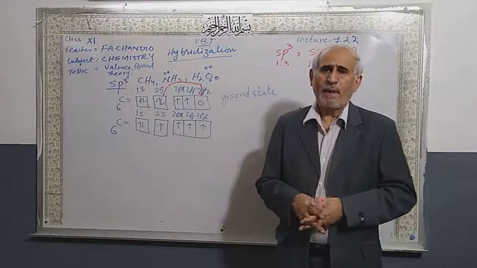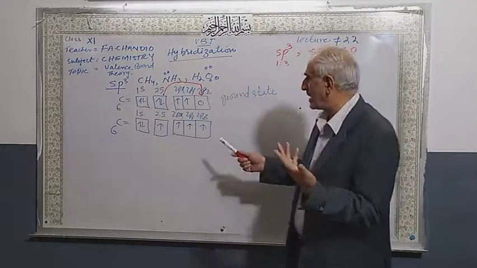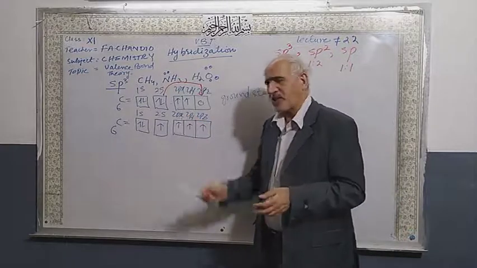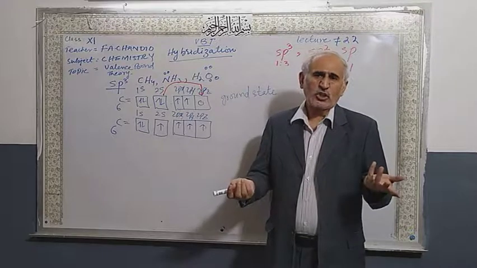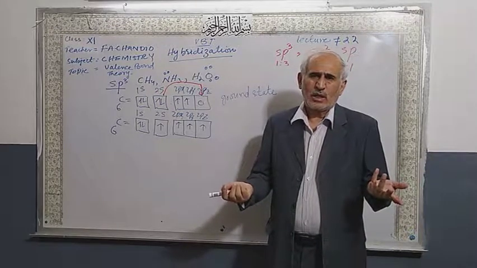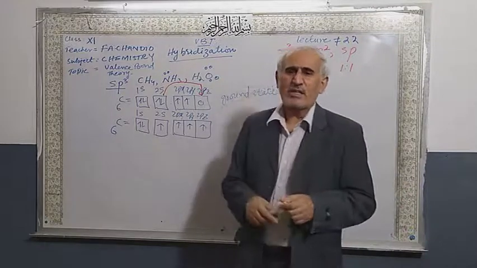We need energy. The energy is compensated like this: because two partially filled orbitals are already there, they can form bonds. When they form bonds, an amount of energy is released.